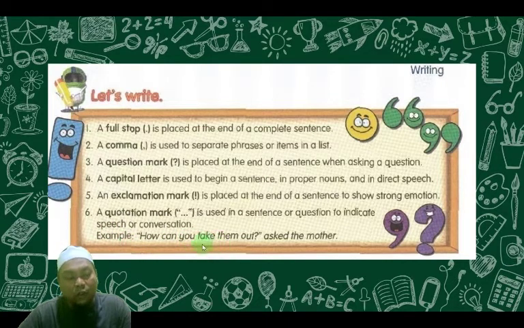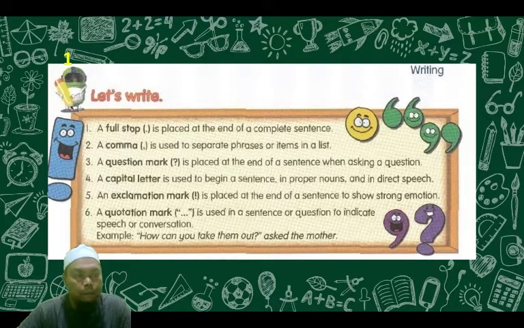How can you take them out? Asked the mother. Mother is saying something, so you must put a quotation mark to indicate that the sentence is a speech. Okay, I think you already know this. All right. Okay, let's go.